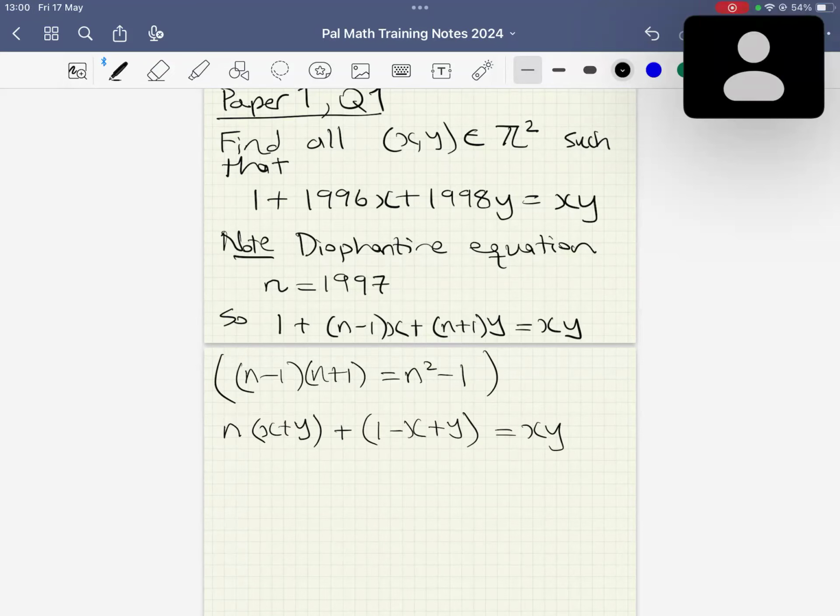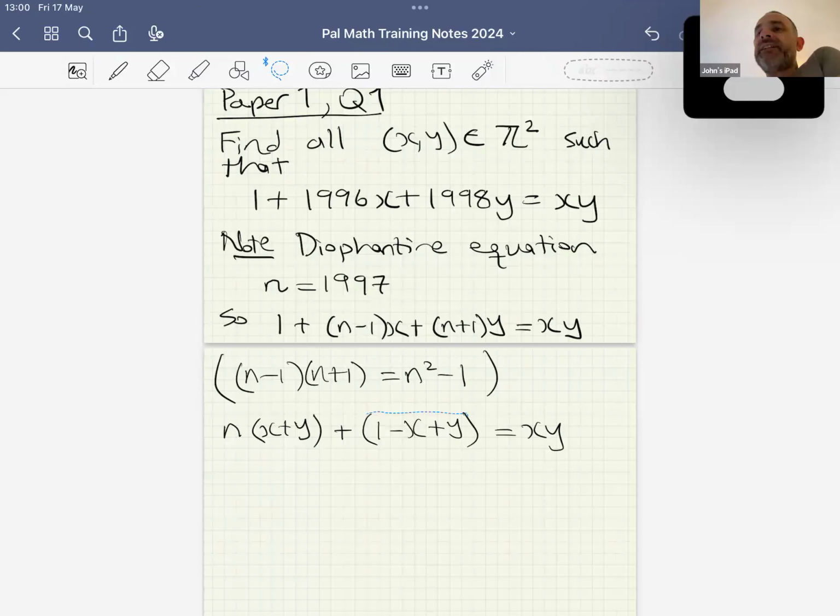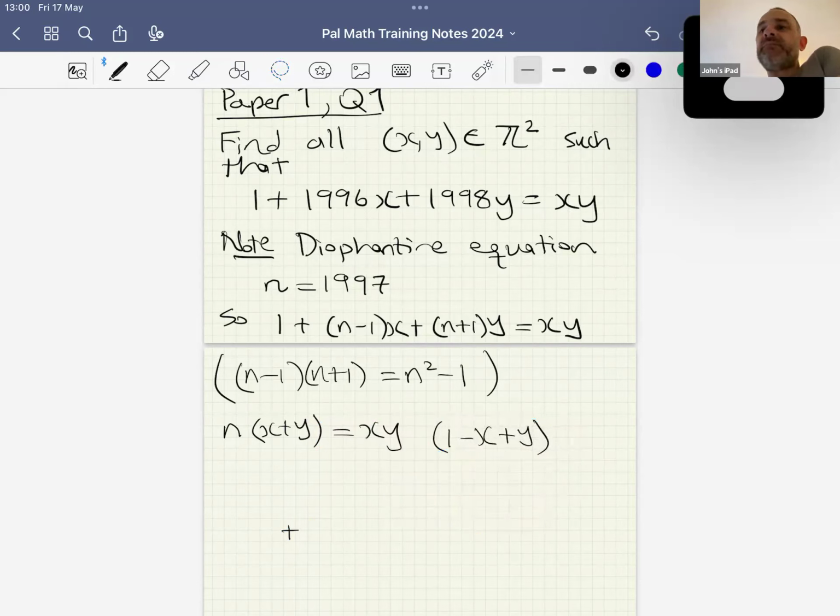Yes, agreed. Okay, so now I'm going to rearrange things with my magical iPad. And then I bring that across and it becomes a minus. I hope that's okay.